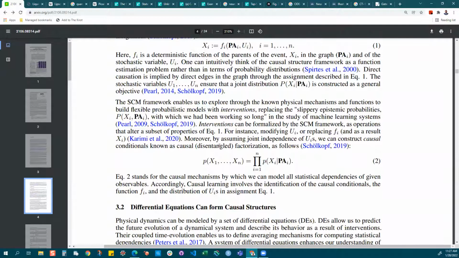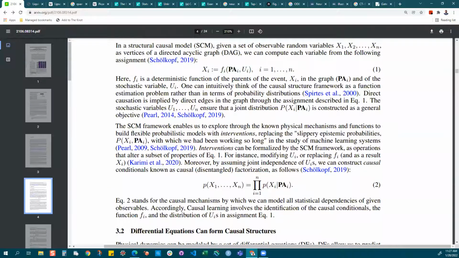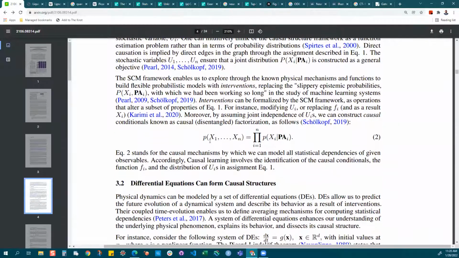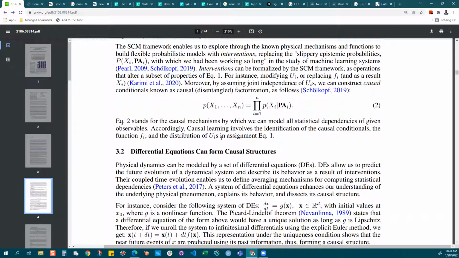And then if they can establish causality, there are conditions and assumptions that need to be met, which we're going to talk about in a second. But if they can do that, they can confidently say there is a causal relationship between two variables or more variables in their data.